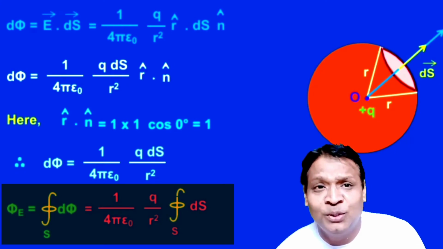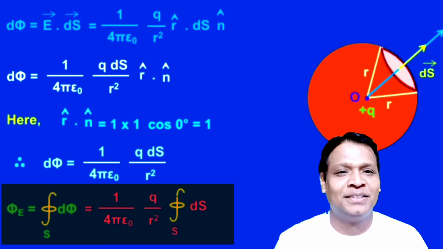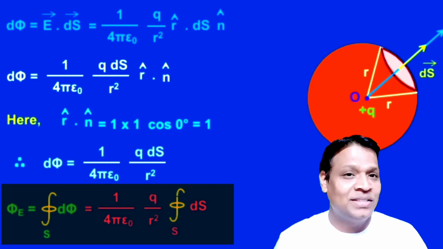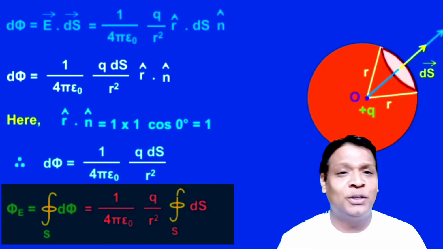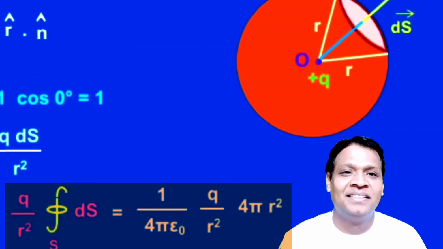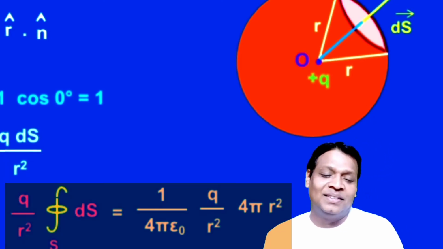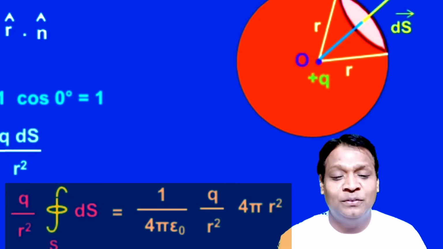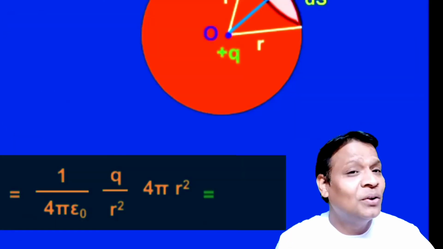That is the term which will be constant for all the points situated on this Gaussian surface, since all the points are at the same distance with respect to the charge, so that is to be taken out, and there is a closed integral ds. As we have already stated in Gauss theorem, the value of this ds for the closed surface is numerically equal to 4 pi.